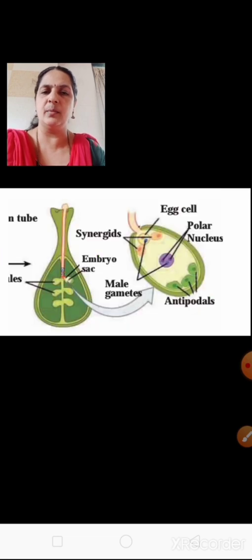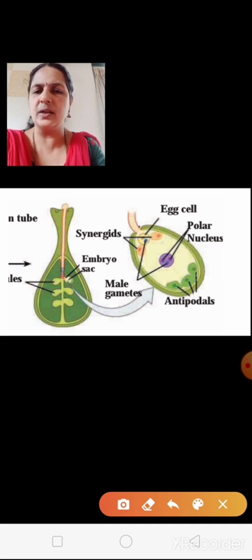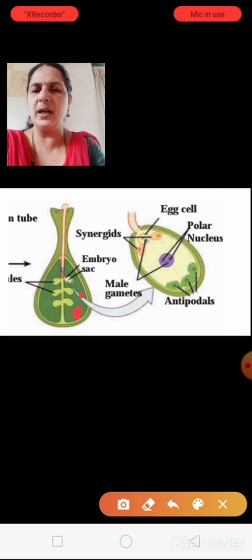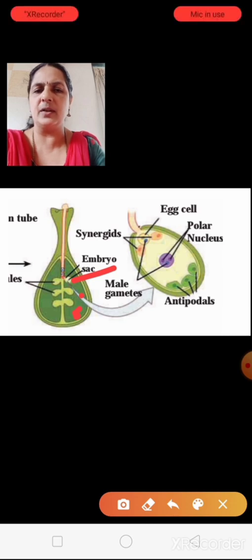You can see the diagram of it. See here, this is one ovule. Inside one ovule the embryo sac is formed. This is the inside part of the embryo sac.